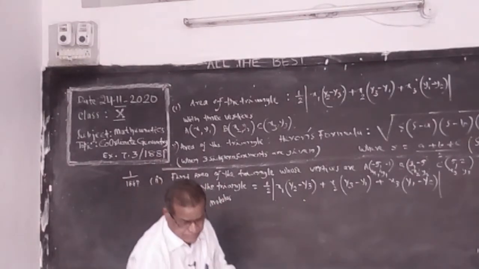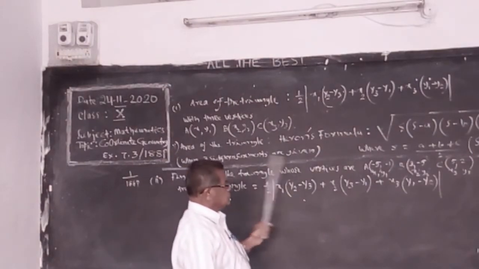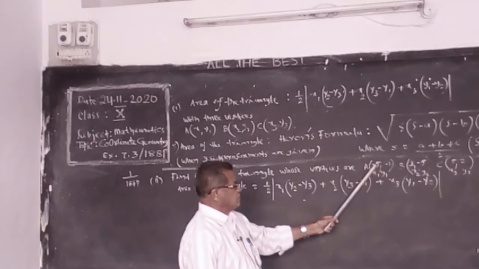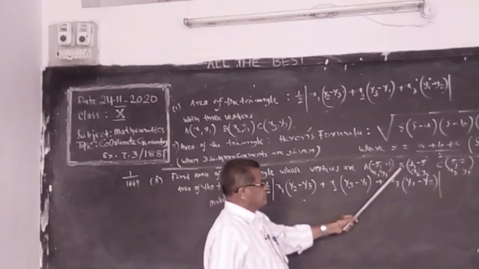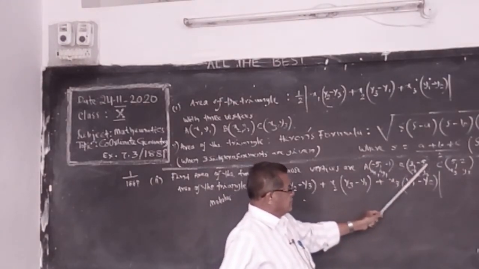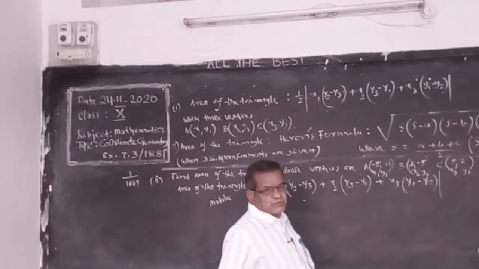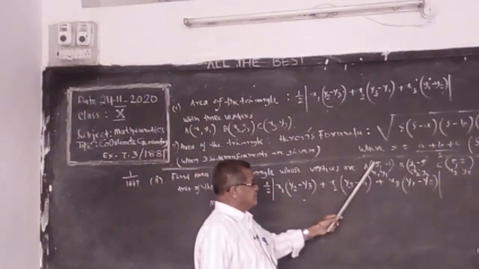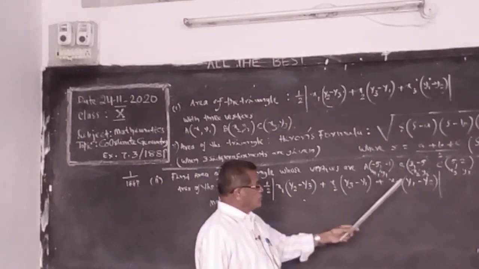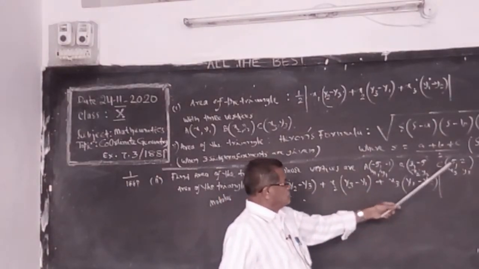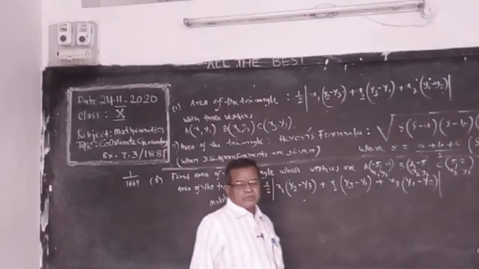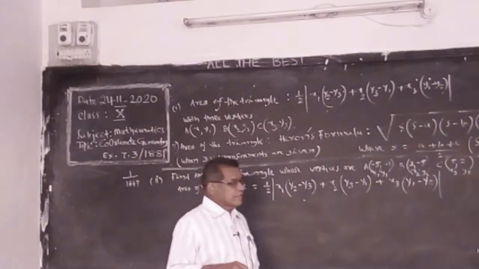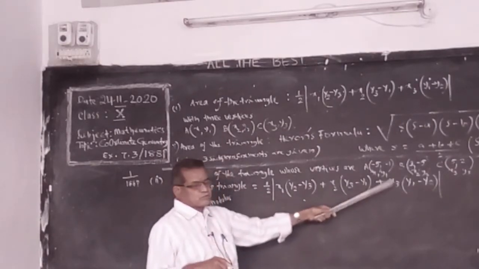These 3 vertices are given. We have to identify this as x1 y1, this as x2 y2, and this as x3 y3. To avoid confusion, write like this. Next, write the formula.